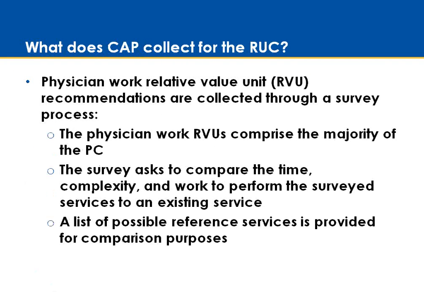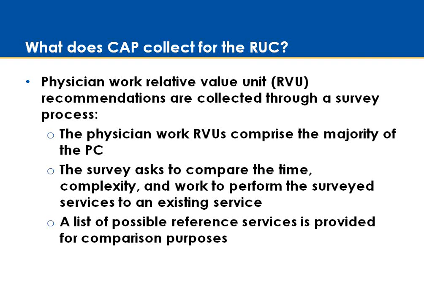Okay. So what types of data does the CAP collect for the RUC? On the professional side, the relative value unit recommendations are collected through the survey process. The physician work RVUs comprise the majority of the professional component.